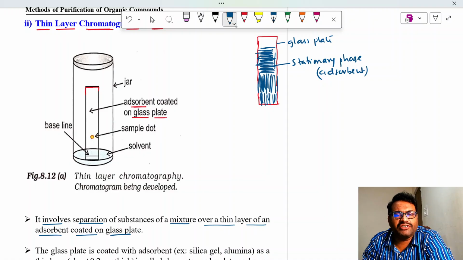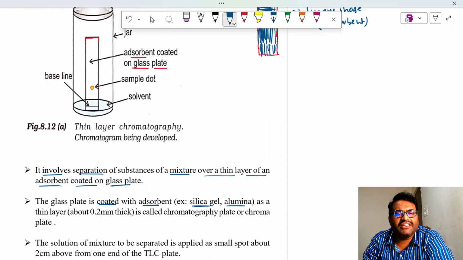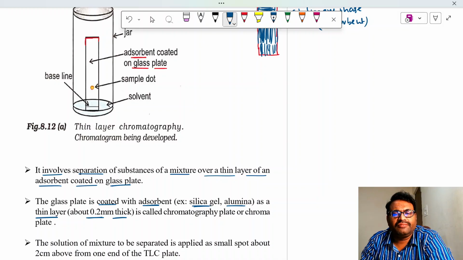So the glass plate is coated with adsorbent. Examples, adsorbents we have already seen, either silica gel or alumina, as a thin layer about 0.2 mm thick. And that glass plate coated with this adsorbent is called a chromatography plate or chroma plate.